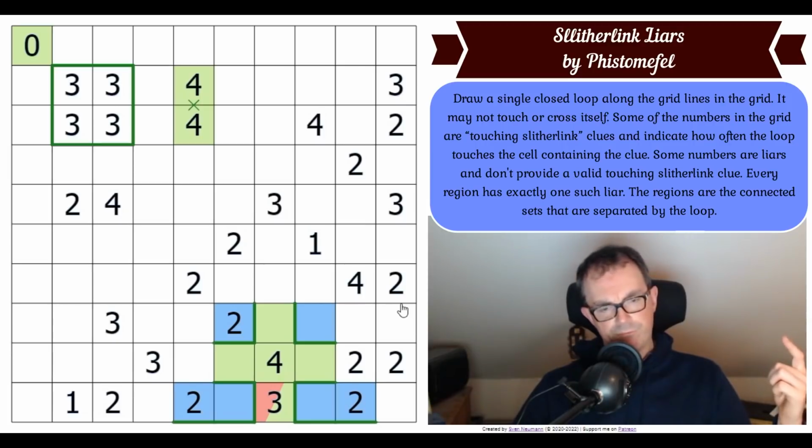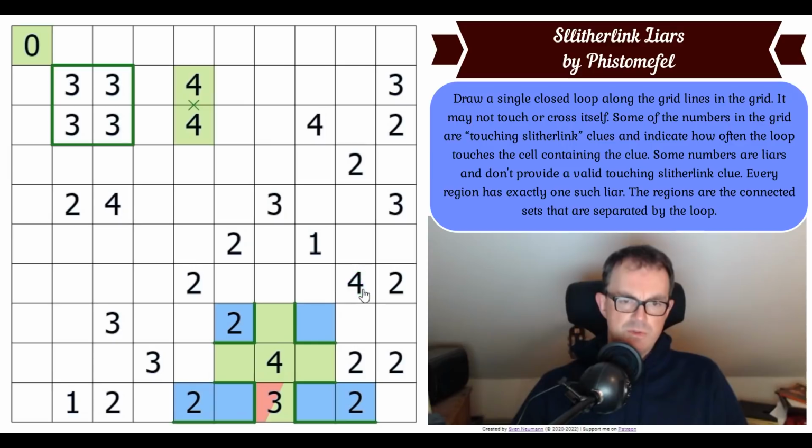Now, I can see this clue is not a correct clue, because if this was correct, you'd have to draw that line segment in, and that would create a second loop in the grid. So that's an incorrect clue, so that gets redded.